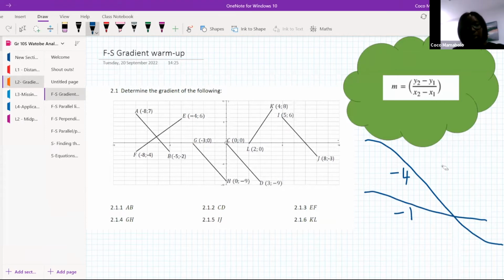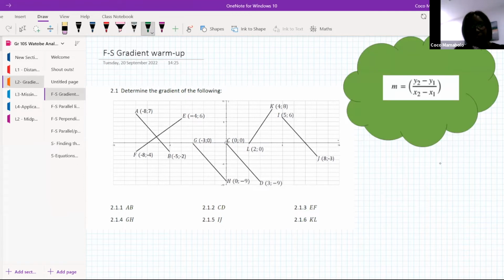So if I'm going up my hill, my gradient, or my M, will be positive because I'm doing work, positive work. But depending on how steep it is, it'll be either a big gradient or a small gradient.